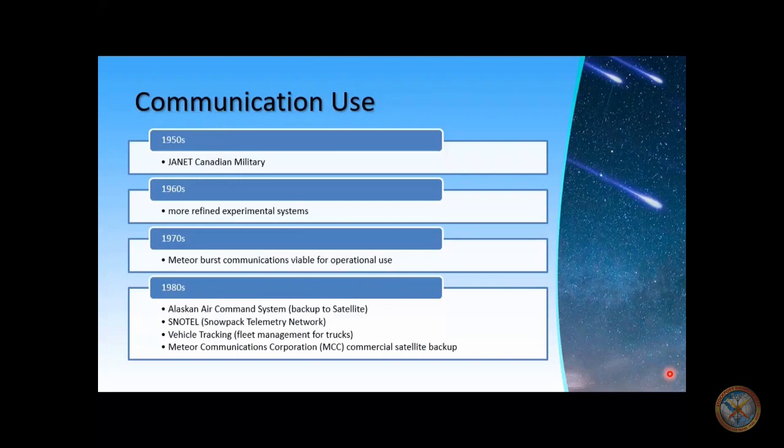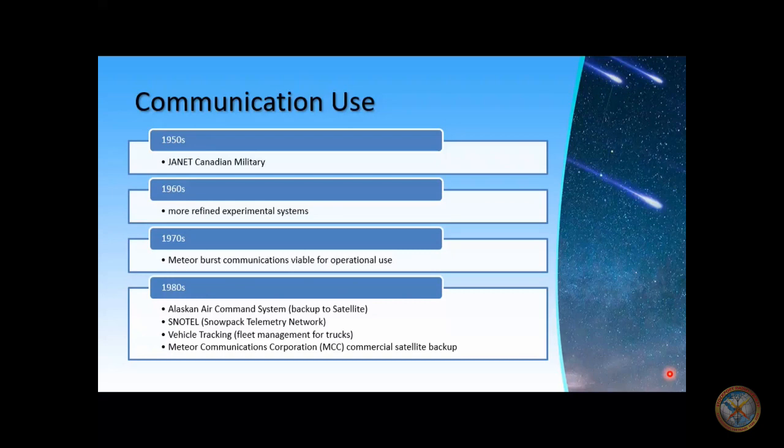And computers were large and expensive, and so they didn't use it much. In the 70s then, with the advent of microprocessors and memory chips, it became more viable, then still mostly in the military. But then in the 80s there was quite a few commercial systems using meteor scatter.